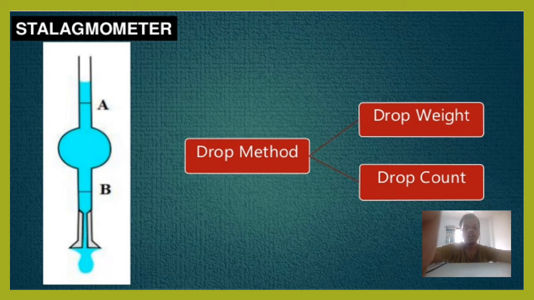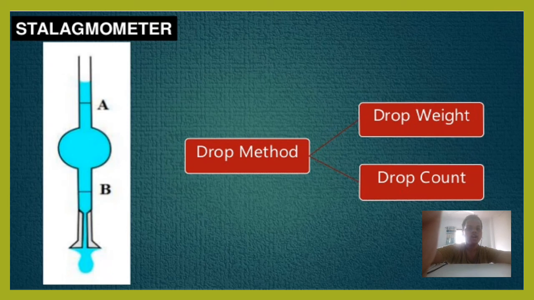By comparing their density you can also determine this. First, with the help of a rubber cork, we generate a suction pressure by which the water or benzene rises up to a particular level. We need to keep that level of water or benzene between A and B.